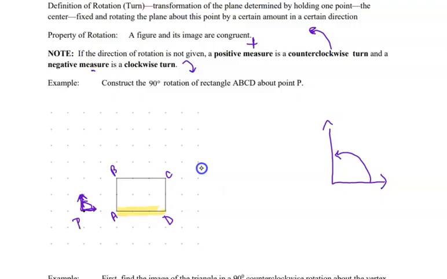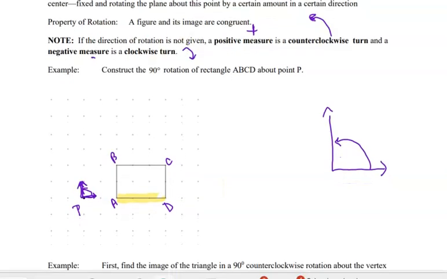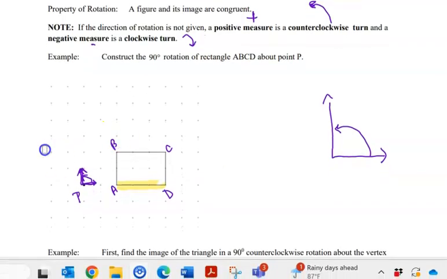If we're going to rotate that 90 degrees about point P, think about if you took this shape and turned it 90 degrees in the counterclockwise direction, where would it land? I'm going to erase a little bit around this point just to show you. What you can say is, okay, this point A right here is 2 units to the right of that point P.